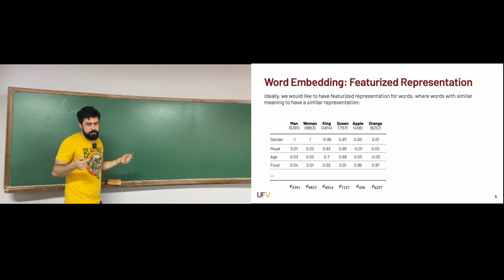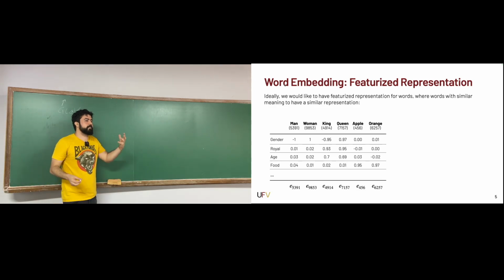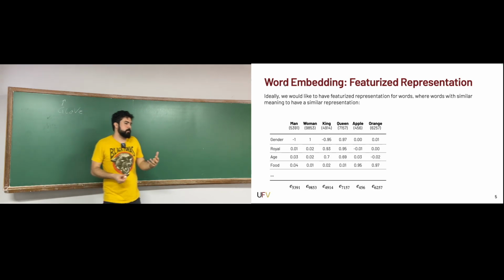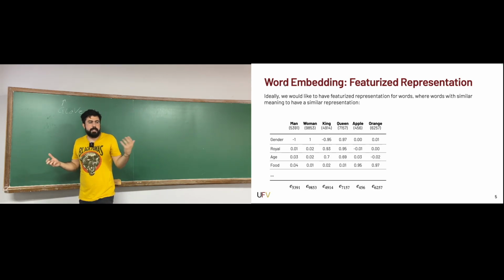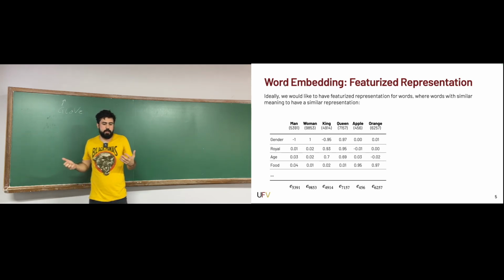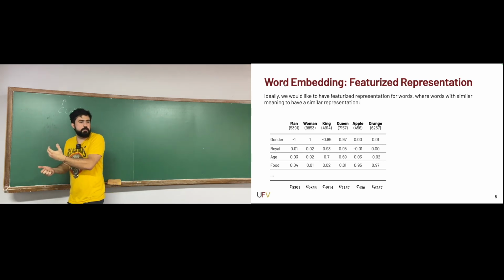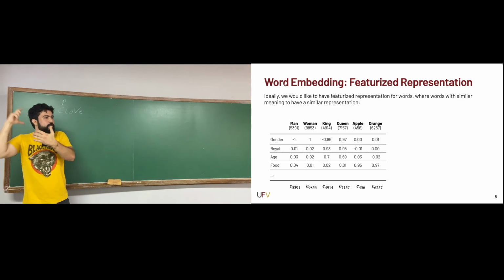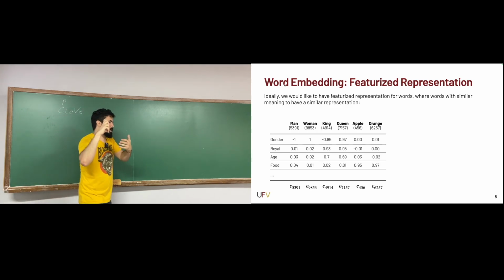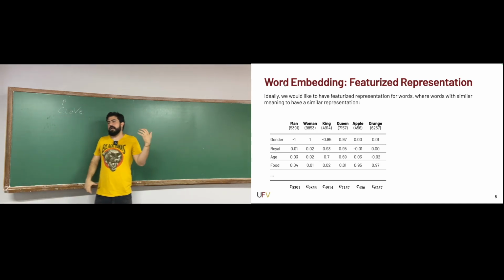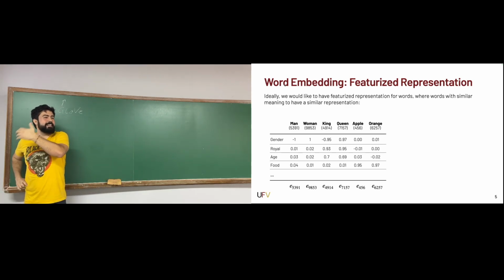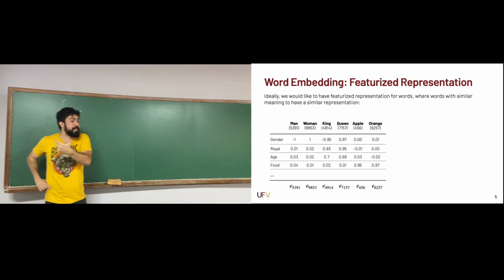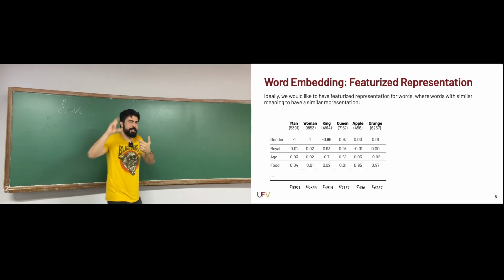So, for instance, the word apple, the word apple fruit and the word apple company, right? If my input sentence was I work at Apple, the word apple should have one vector. But if I had the sentence I am drinking an apple juice, then the word apple has a different meaning. So the vector should be different.